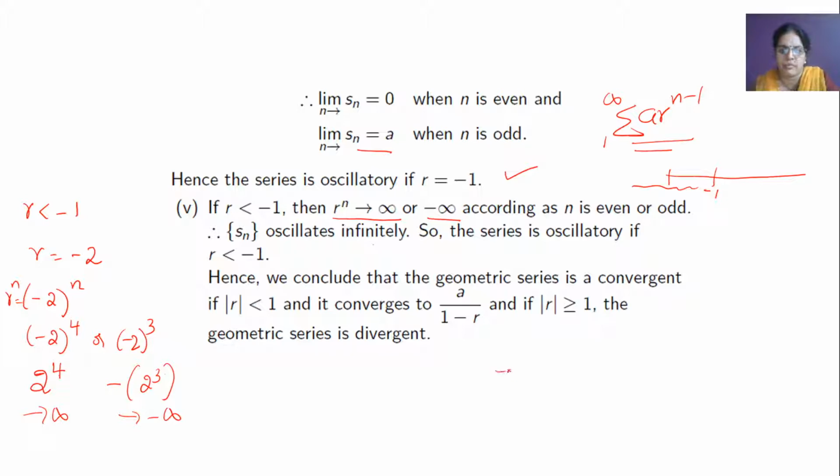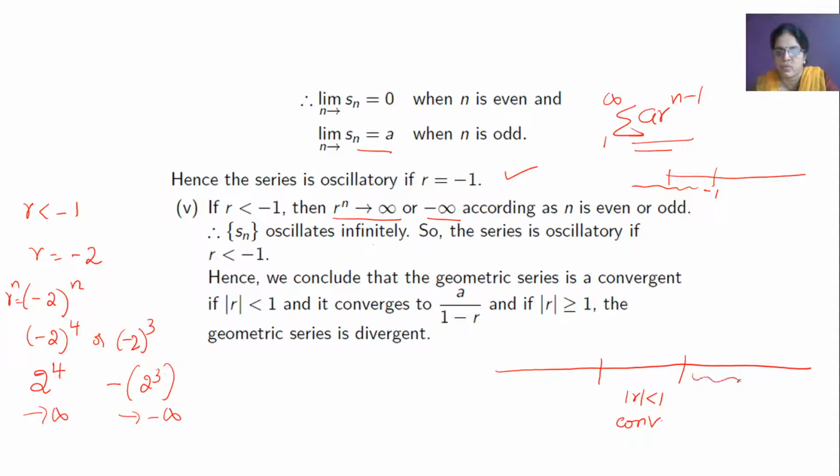So, we can come to the conclusion that the geometric series for r in between minus 1 and plus 1, that is mod r less than 1, is convergent. And for r greater than 1 and all the other cases, mod r greater than or equal to 1, we can see that it is divergent.